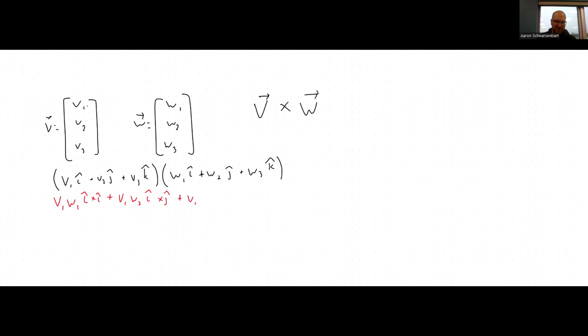Yes, this is very tedious. It's a nice thing that they gave you the formula. W1. The order that I'm doing these crosses matters. So because it's this times this, it's j hat cross i hat.